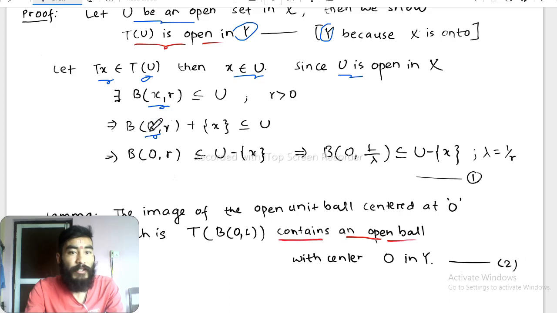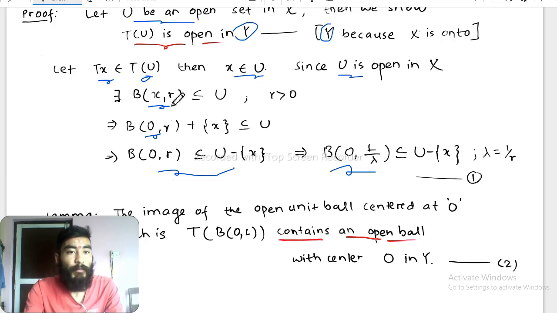So B(x, r) equals a ball B centered at 0 plus x, and by simplification we get this. And for convenience, we substitute lambda equals 1 by r and we get this ball centered at 0 with radius 1 by lambda is a subset of U minus x.